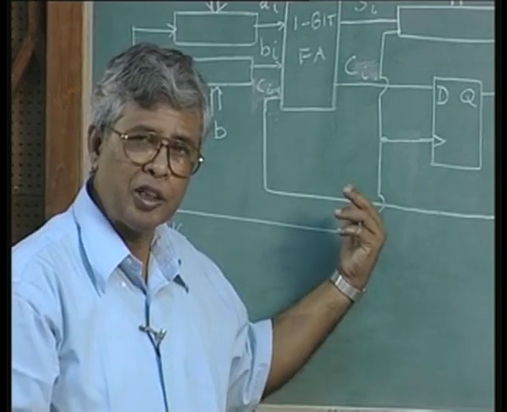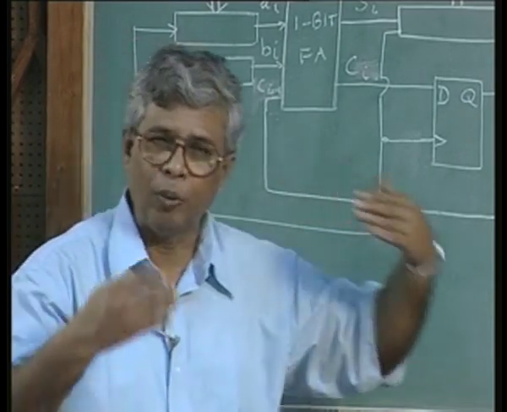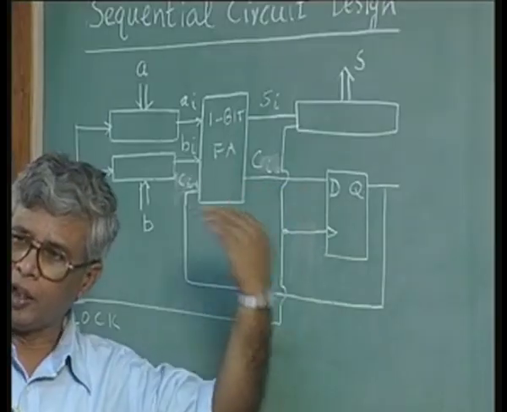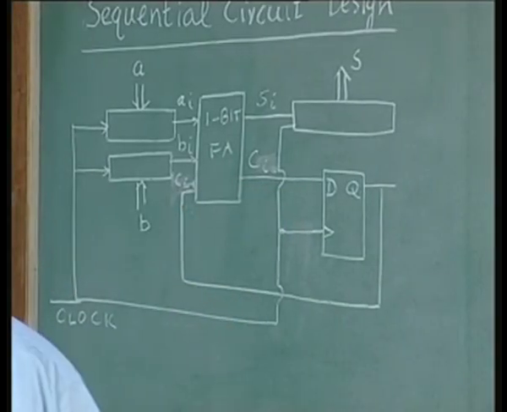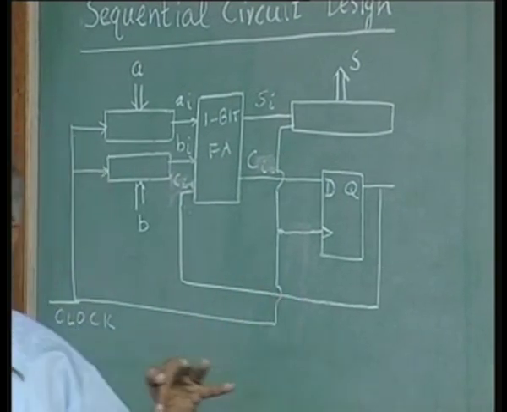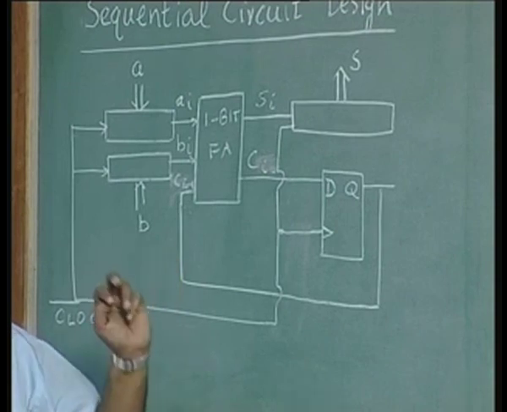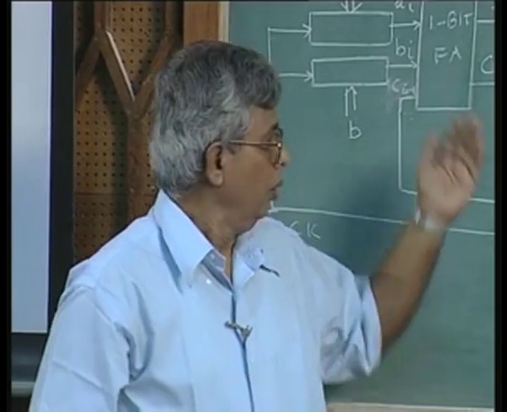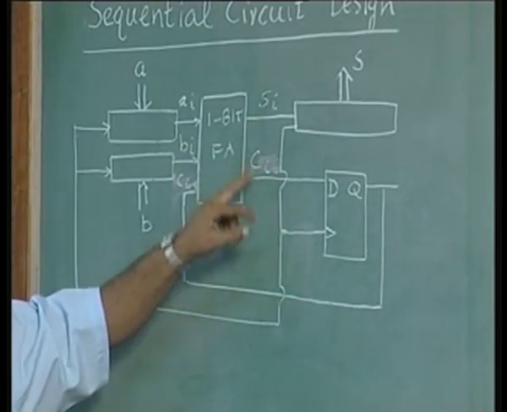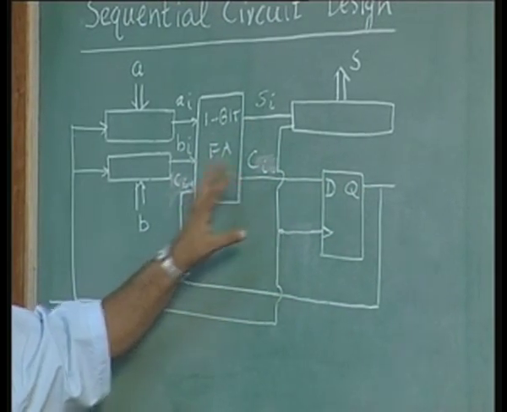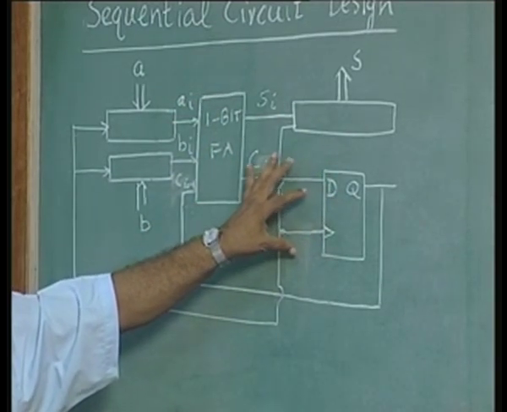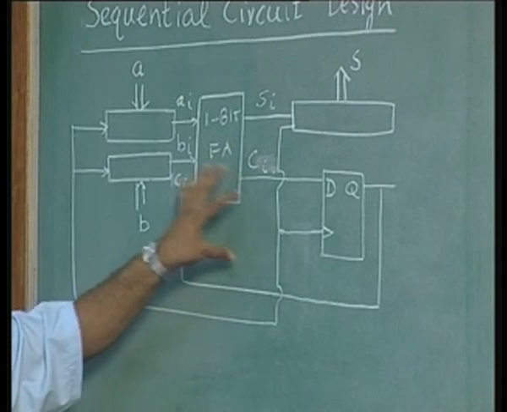I took this example simply for 2 reasons. One is a full adder is a very familiar example to all of us. Second thing is, we talked about sequential circuits and we talked only about flip flops, but I gave you the model of the Mealy circuit and Moore circuit yesterday, saying that a Mealy or a Moore circuit will have inputs, state variable input, output and state variable output. So, this concept I wanted to explain, and what better way to do it than with a very simple circuit.